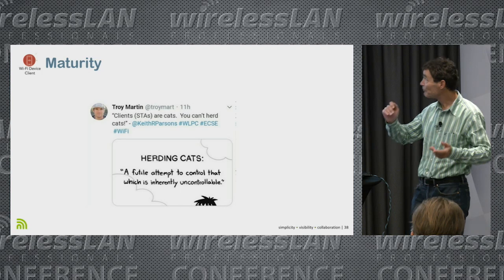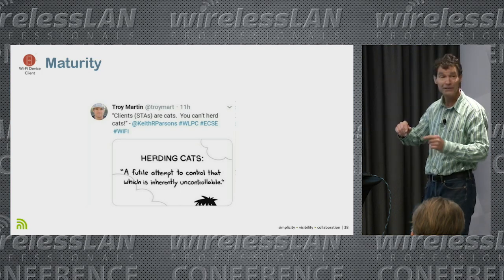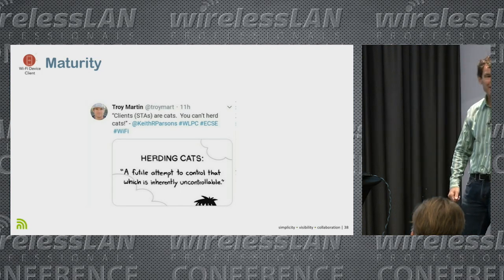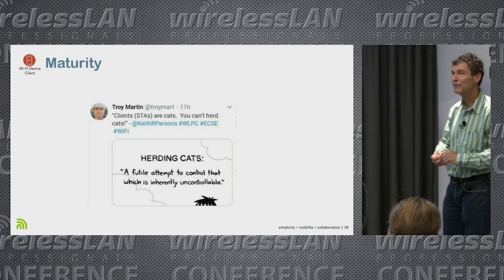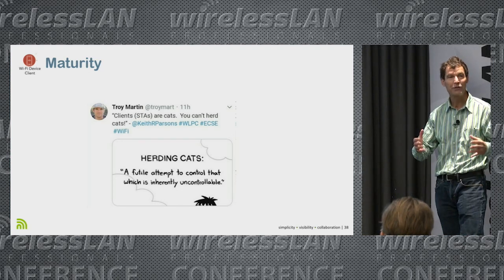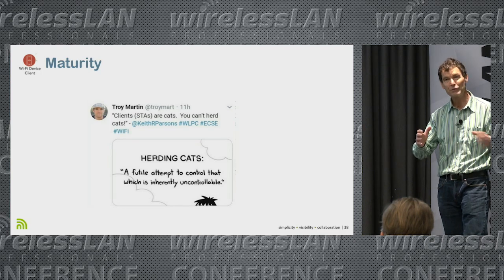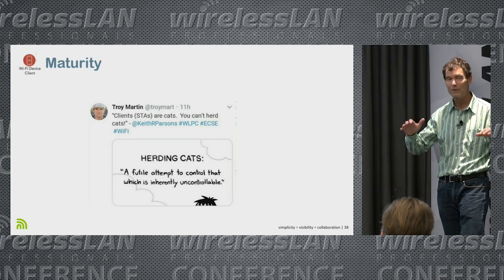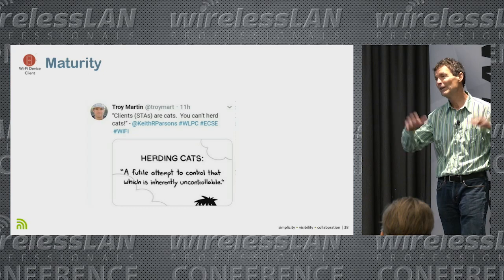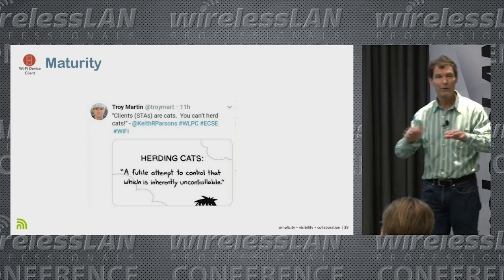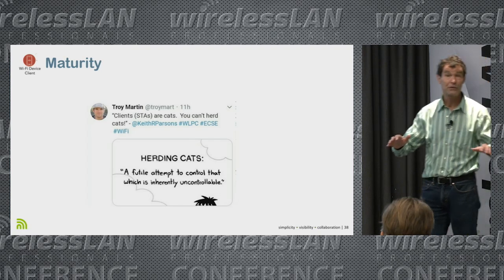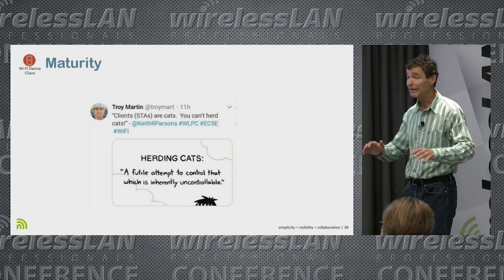So I saw this, Troy posted this, I think maybe Sunday or Saturday, but it's very true. I feel like client stations are the new battleground, right? The infrastructure, no matter what you're doing, you have some control over that, your APs, all the things we've heard about in the last 24 hours, but the real cats are going to be the stations going forward and the antics there.